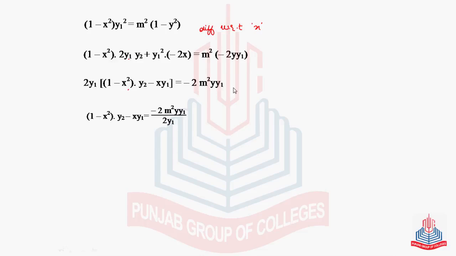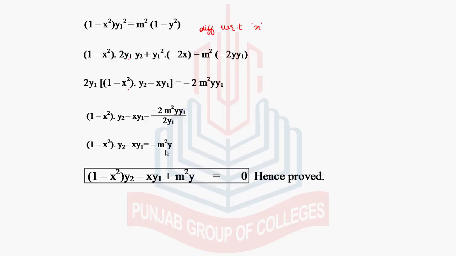This 2y1 can be shifted to the right hand side, so 1 minus x square y2 minus x y1, and on the right hand side we have minus 2m square y1 divided by 2y1. By simplifying, that becomes 1 minus x square y2 minus x y1 is equal to minus m square y.